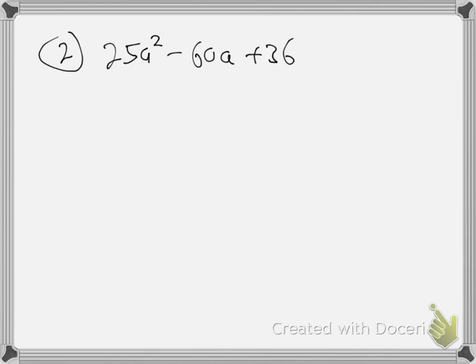What's the first step on every factoring problem? GCF, huh? What's in common, if there's anything? Is there some number, you can check in your calculator, that goes into 25, 60, and 36? Really not. No. So skip that.